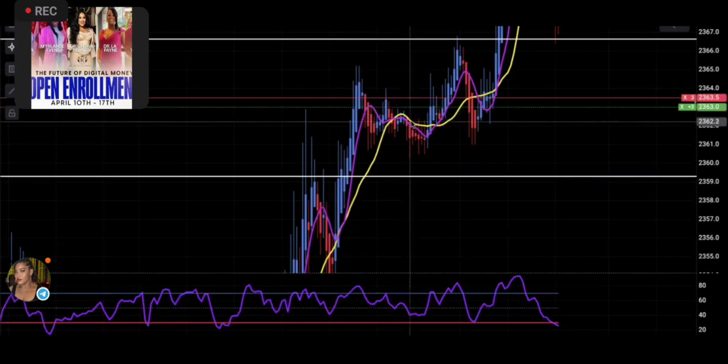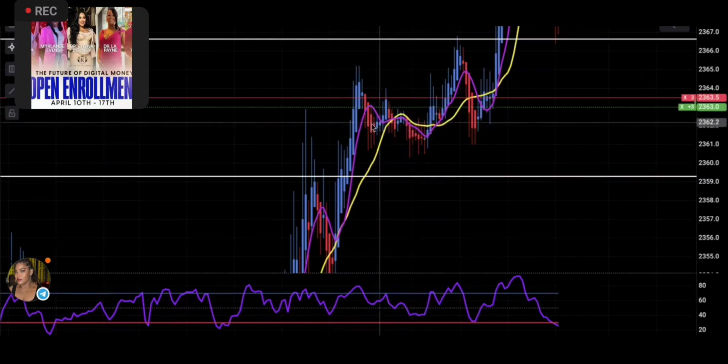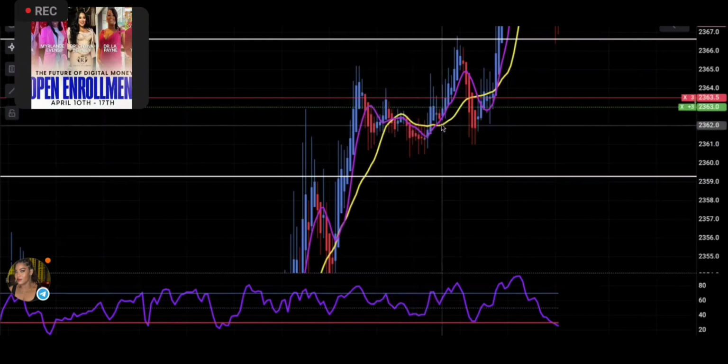I could pull this down a little bit more too, because in here is nice and meaty, plenty of candles going up and down. So 2363.5 is where I got in for that sell stop.